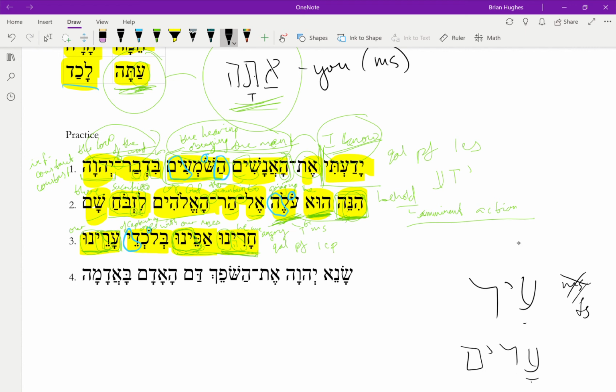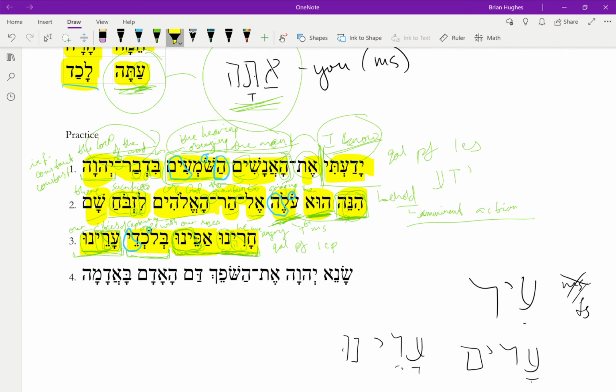And so then when it goes into the construct, we get arey. Okay, arey. And then if you add the first common plural ending, so this would be our cities. So we would say we are angry with those who captured our cities, the captors of our cities, something like that. The captors of our cities.